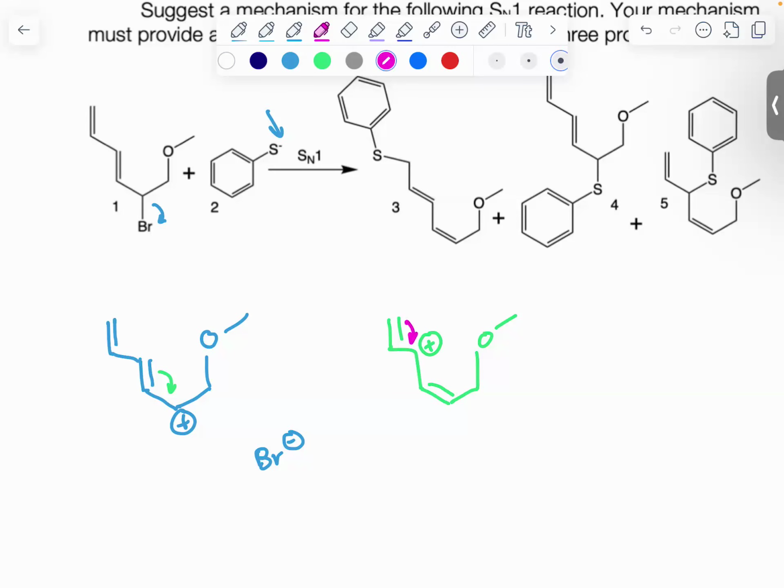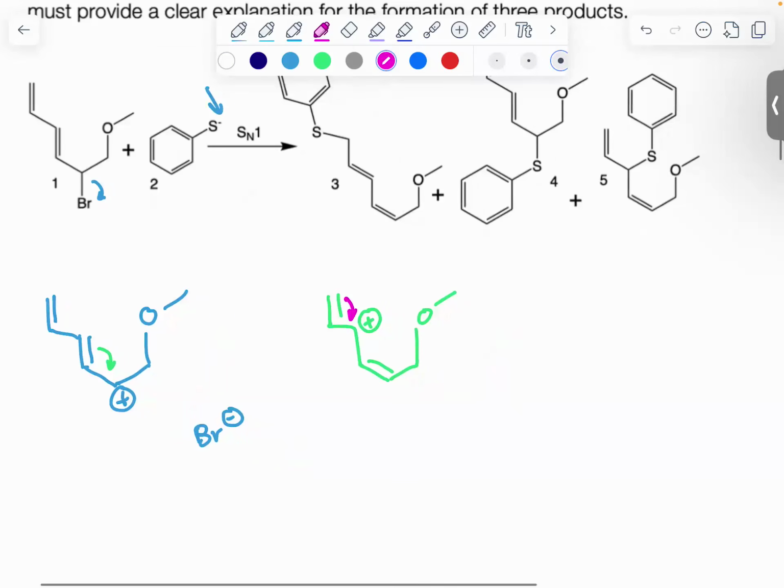I can do another shift and get another cation. So that gives me 3 different starting materials. What is my next step?